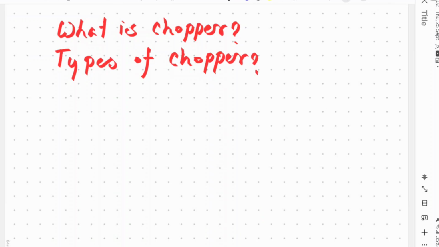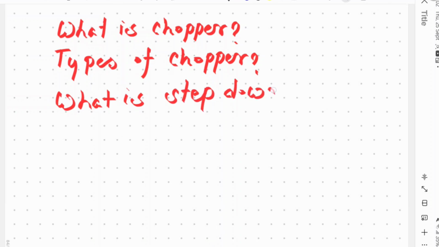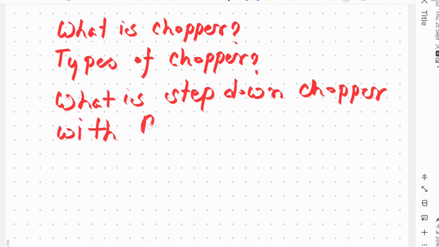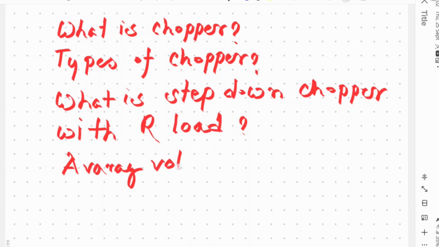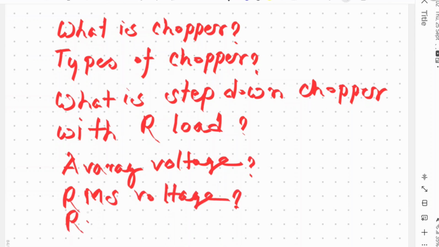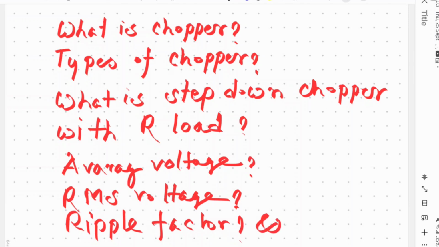After that, elaborately we'll understand what is a step down chopper with R load, and from this we'll find out the expression for average voltage, then RMS voltage, ripple factor, and form factor.